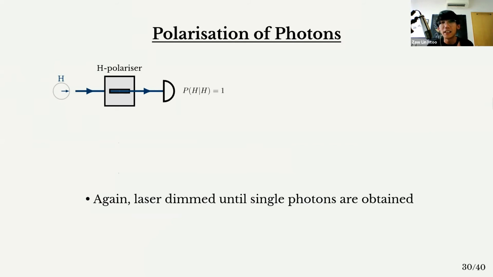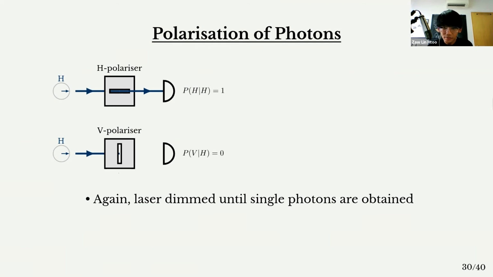The probability of finding a H polarized photon given a H polarized photon is always 1. And conversely, it's also true that if you shine this H polarized photon through a V polarizer, you will never find it on the other end. And so the probability of finding a photon polarized in the vertical direction is 0, given a photon polarized in the horizontal direction.